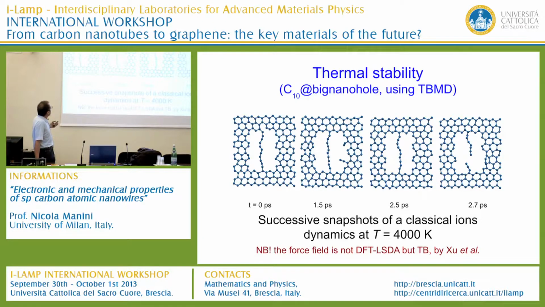So we simulated what will happen if a chain is subject to hot conditions, and how long it will remain stable in this carbon-only situation. We ran molecular dynamics, and again, we did not use LSDA in a Car-Parrinello technique, which would be too expensive, so we just switched to the simpler tight binding electronic structure.